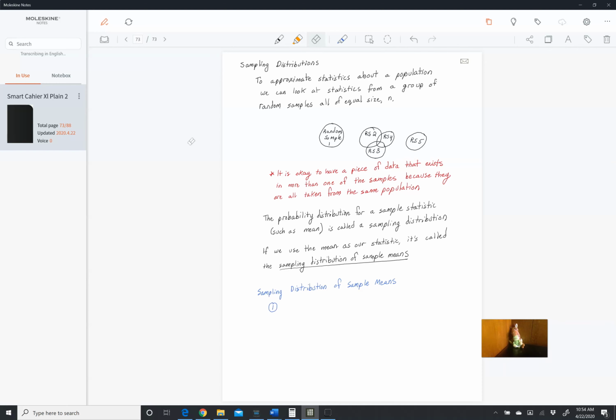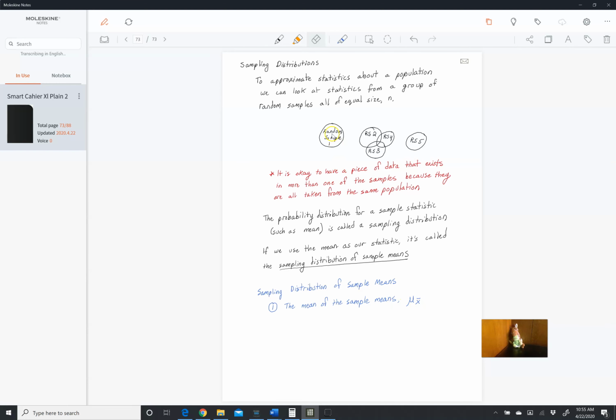The first thing is the mean of the sample means. The way that we would write this symbolically is mu, which we know is mean, with a subscript x bar. We know that x bar is a sample mean, so this is saying the mean of sample means.